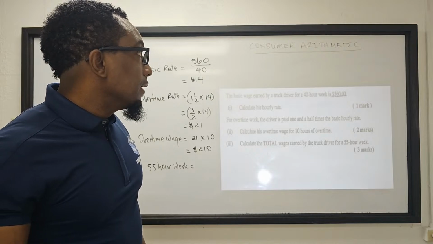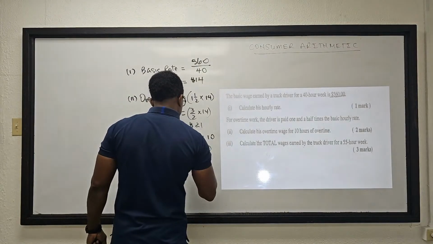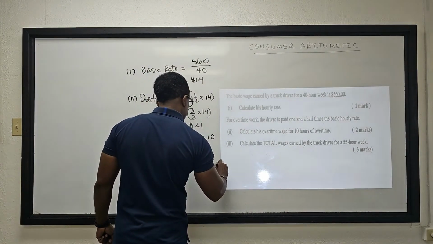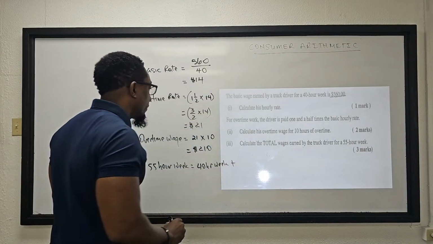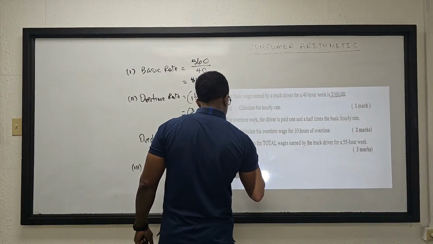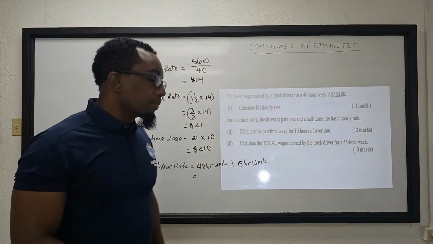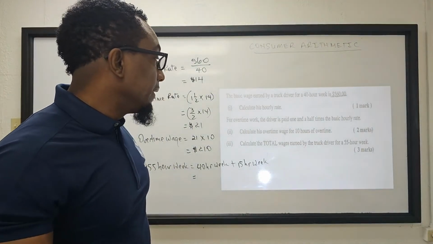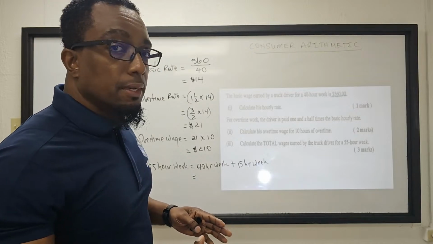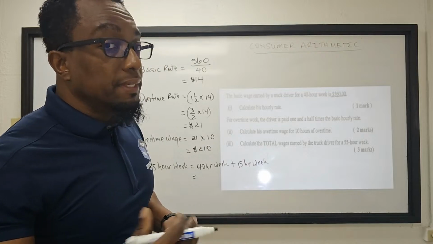Because remember, a truck driver works 40 hours per week, plus a 15-hour week. And of course, if 40 hours will represent his basic wage, then 15 hours will be overtime.